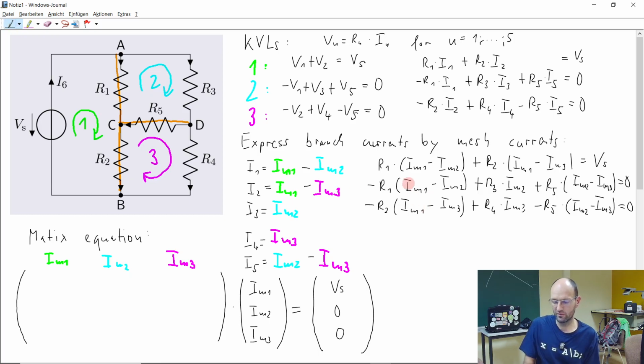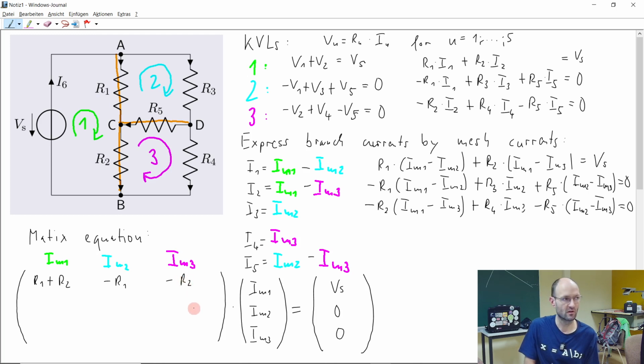If we check the coefficients, for IM1 we have here R1 and R2. So here we have R1 plus R2. Then we have minus R1 for the IM2 and minus R2 for the IM3.